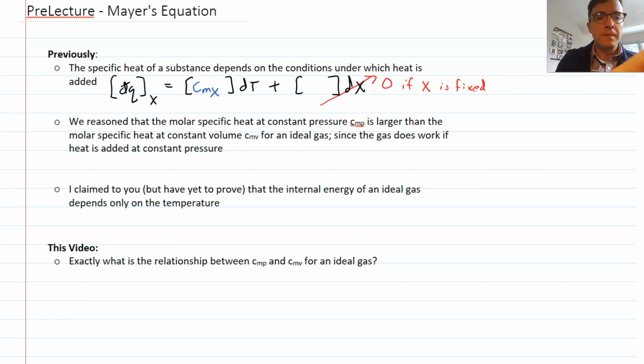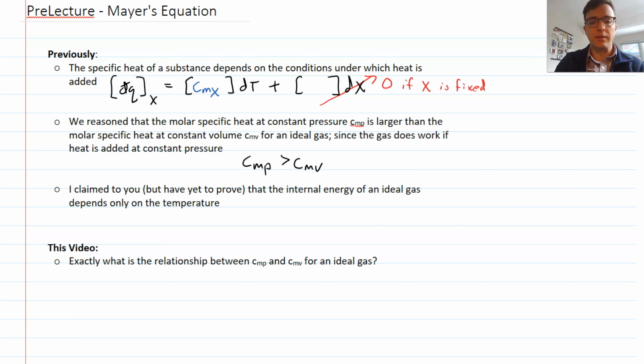So we know, just based on that argument, that C_MP is bigger than C_MV. But how much bigger? That's basically what I want to get to today. The last ingredient that we're going to need is, I claimed to you, but didn't really prove rigorously, we'll come back to it, that the internal energy of an ideal gas depends only on the temperature.